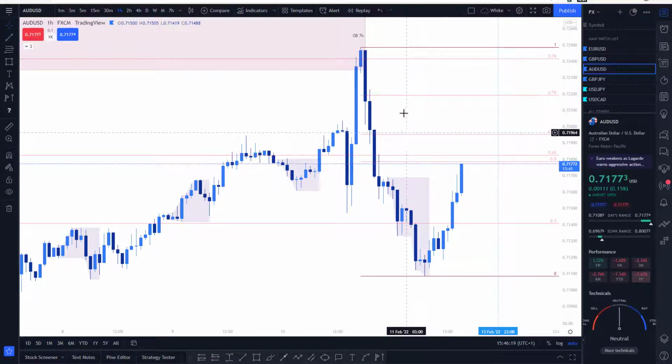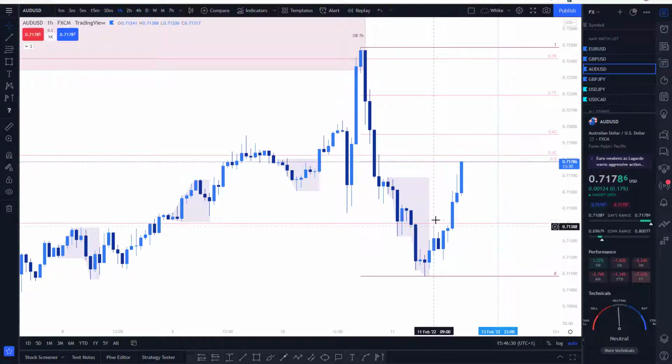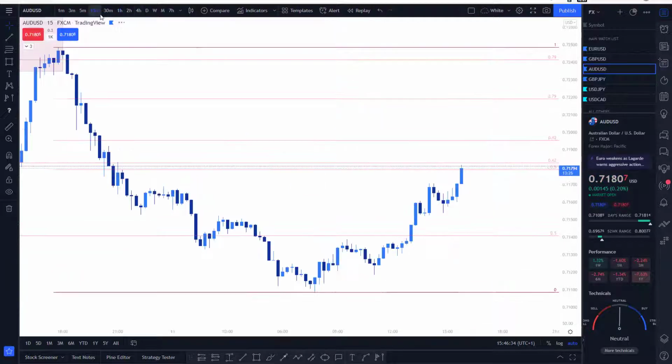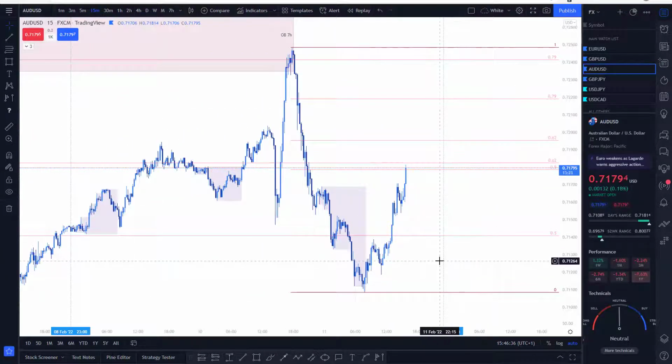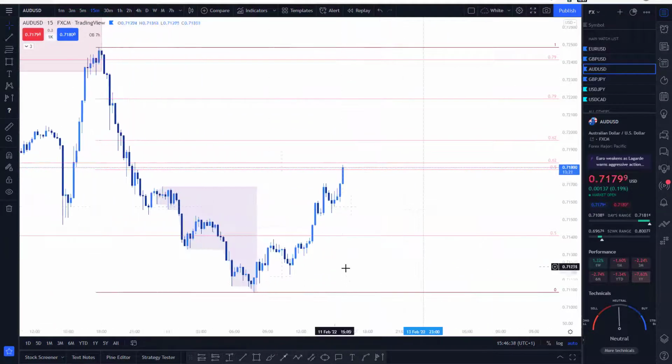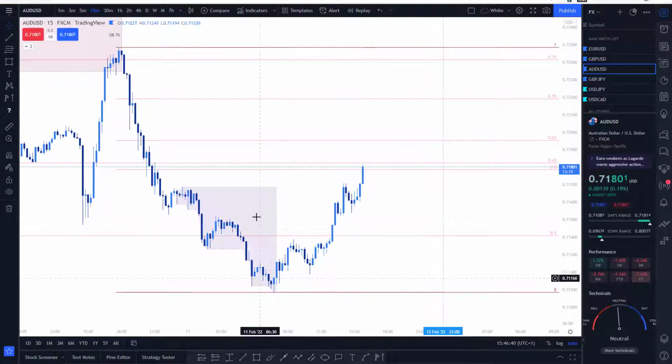Now, in terms of today, Asia still selling, Frankfurt and London still buy, then a retrace on the lower time frames. There was some change of character here. So here was a lower low, lower high, lower low.